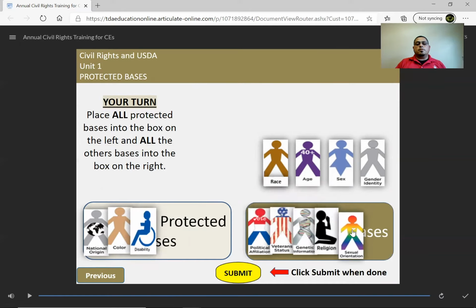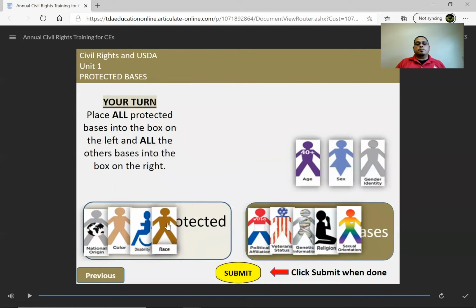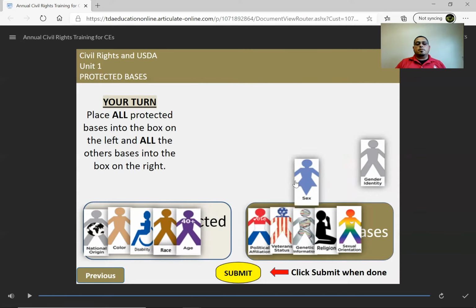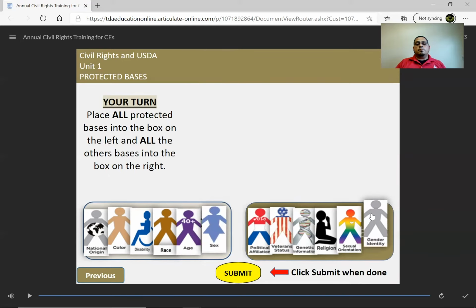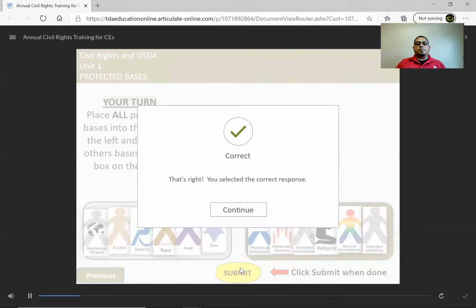Sexual orientation, not protected. Race, protected. Age, protected. Sex, protected. Gender identity, not protected. Submit, and that is correct.